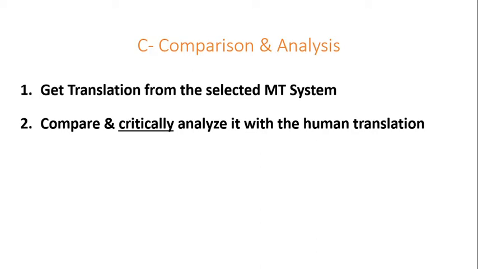Now you will get your selected text translated from your selected MT system. For example, if your system is Reverso, you will get your text translated from Reverso, and then you compare and critically analyze it with the human translation.